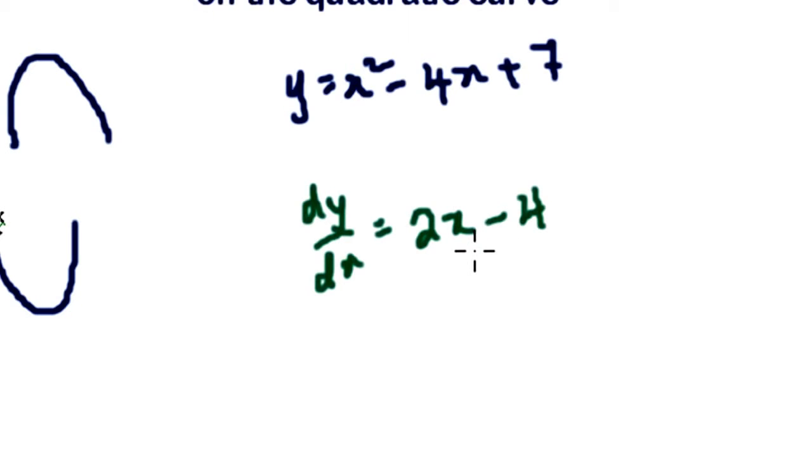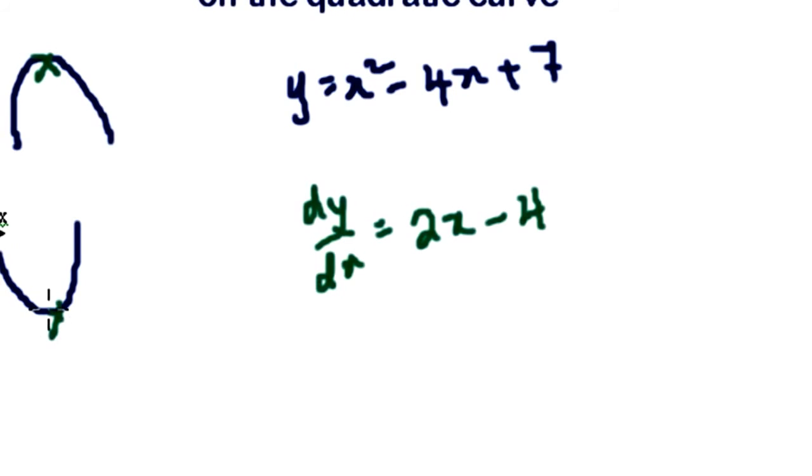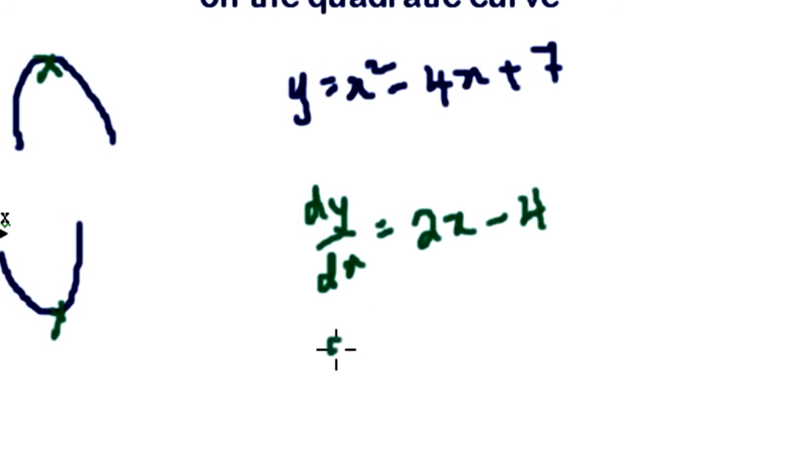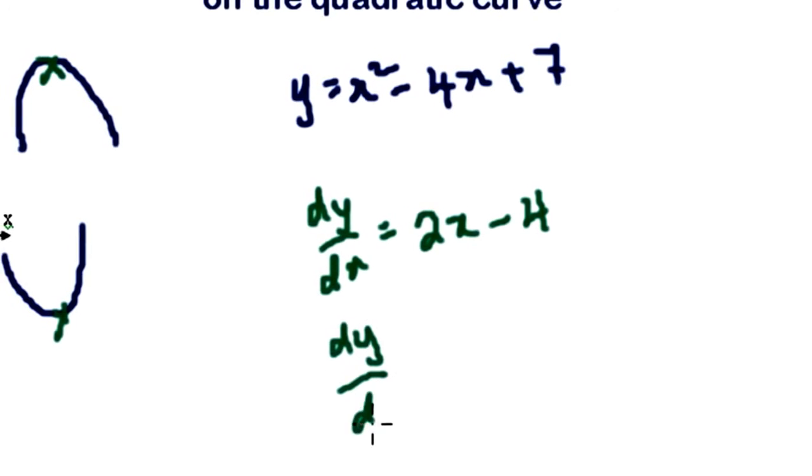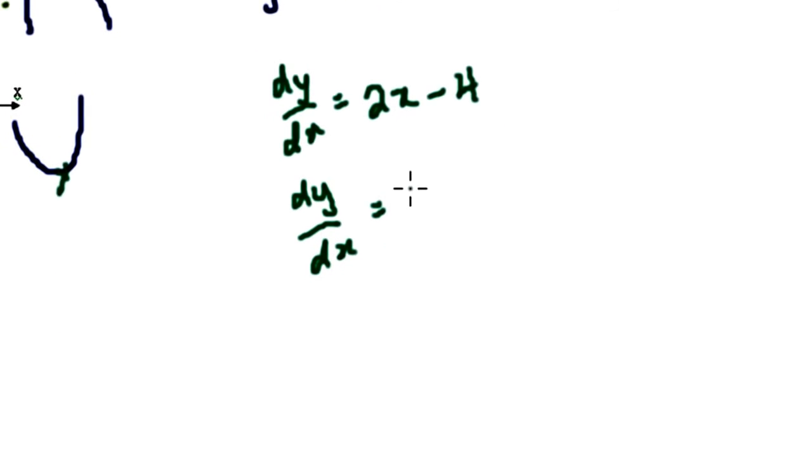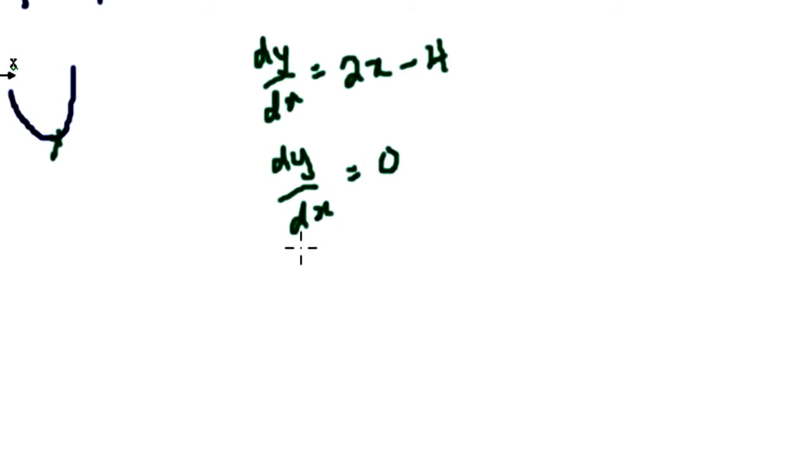So how do we know the turning points of the curve? From the previous example, you know that either the maximum or a minimum point will always have a gradient of 0. The tangent will always be 0.